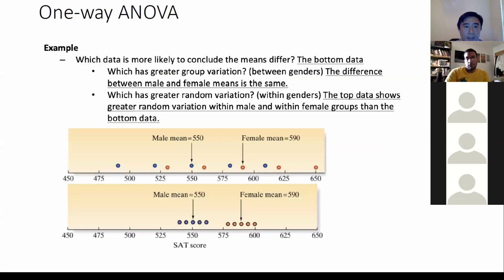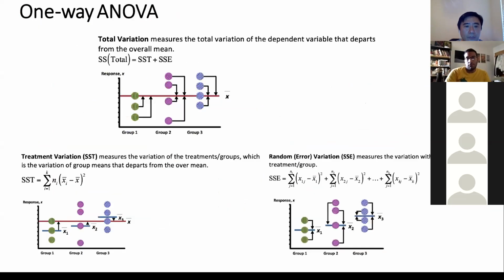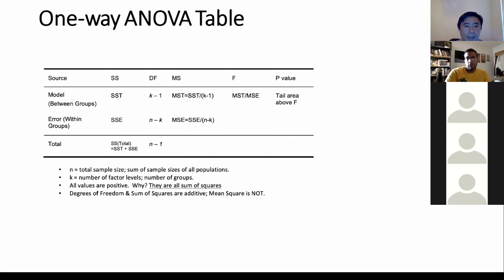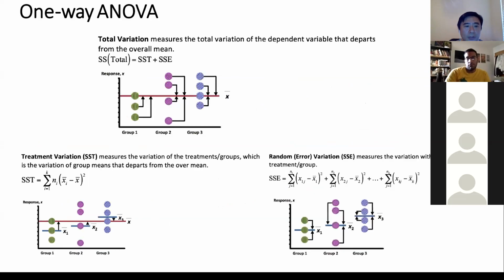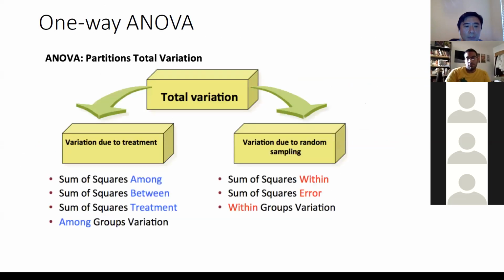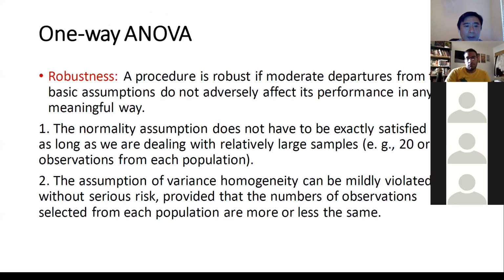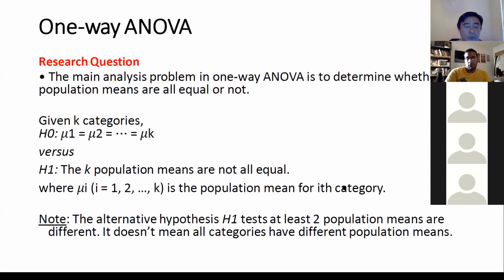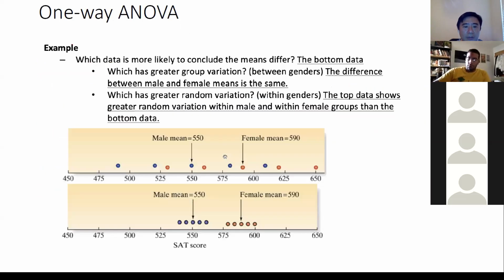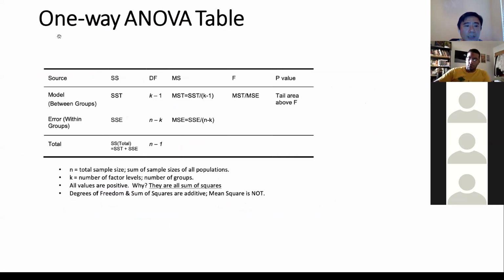All right, in terms of the mathematical model and the ANOVA table, I want you to know how to write down the model. The model says the mean of each group is equal to a grand mean plus the mean difference for each individual group. The key thing is that you can interpret the one-way ANOVA table in terms of the model.